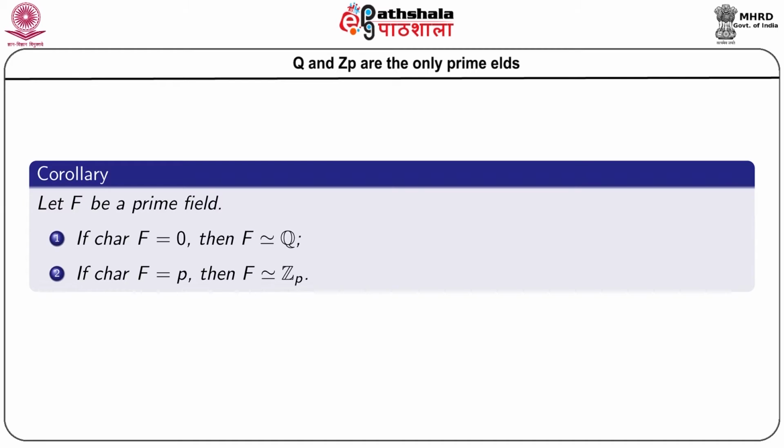Suppose F is a prime field and characteristic of F is equal to 0, then it follows by the previous result that F has a subfield which is isomorphic to Q. But since F is a prime field, it cannot have any proper subfield, and thus it follows that Q is isomorphic to F. The similar case is for Zp.